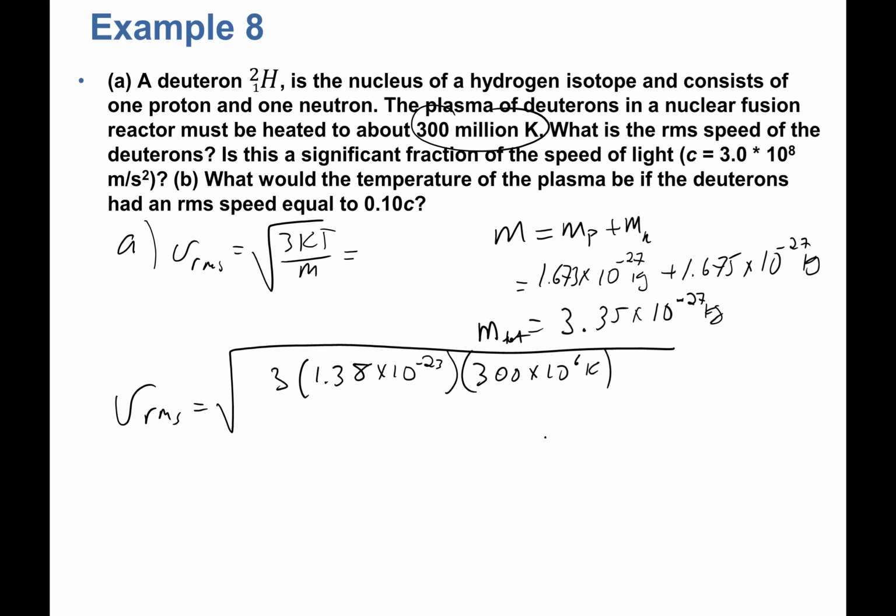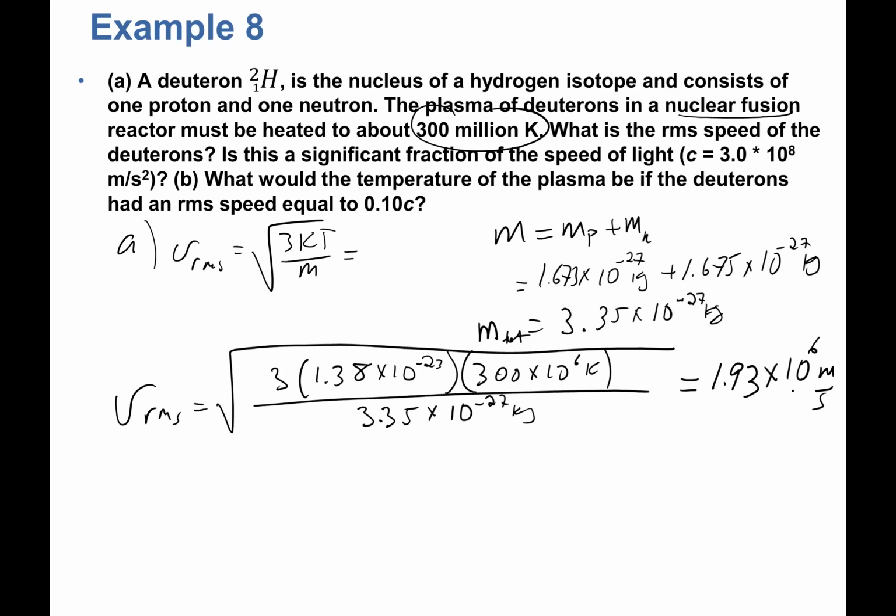Inside stars, temperature can actually reach really high temperatures, but this is nuclear fusion in a reactor. Then this is divided by the total mass, 3.35 times 10 to the negative 27 kilograms. What we get is 1.93 times 10 to the 6 meters per second. So this is the RMS speed.